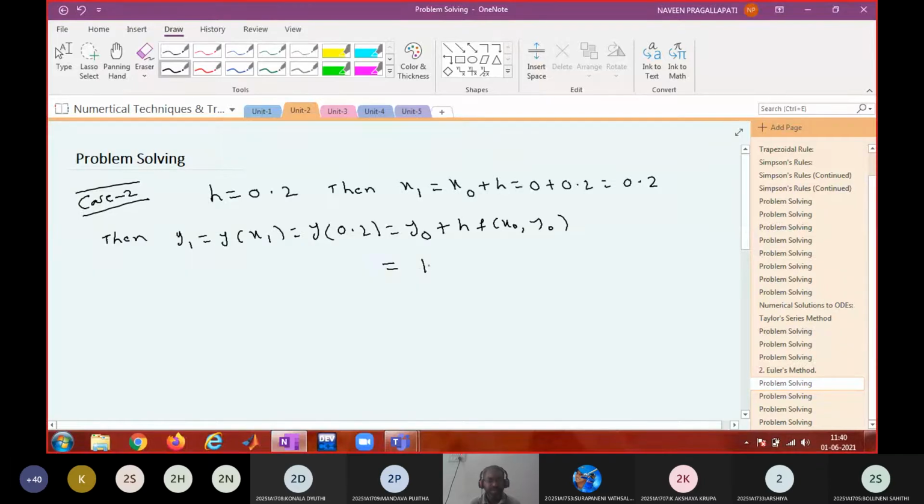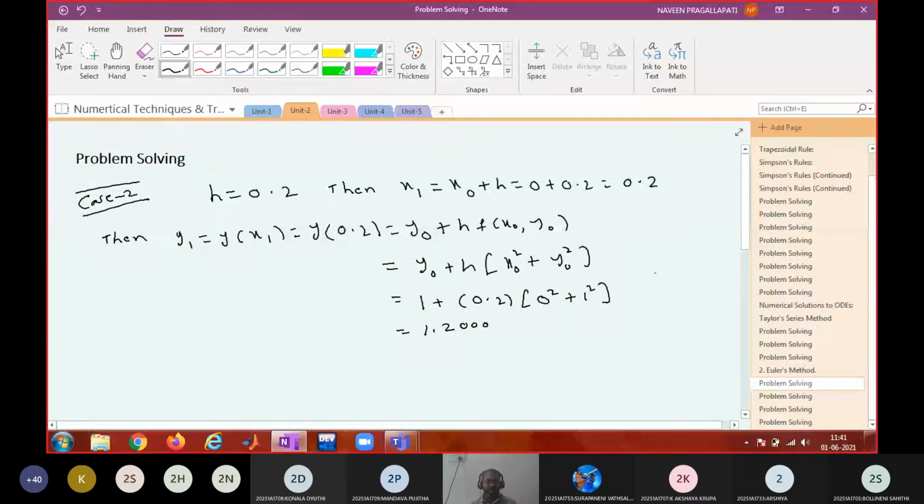So this is one, sorry, y0 plus h into x0 square plus y0 square. y0 is 1 plus now h value is 0.2 into 0 square plus 1 square. So this is 1.200 because we are rounding to four decimals.